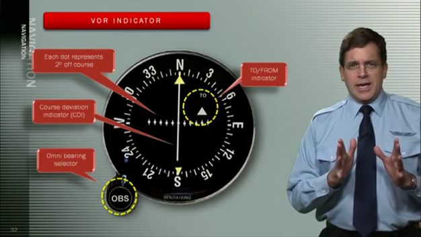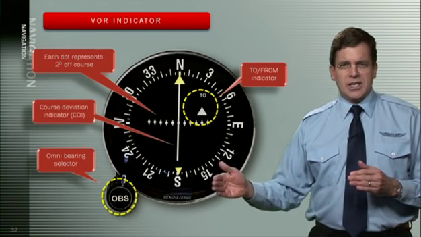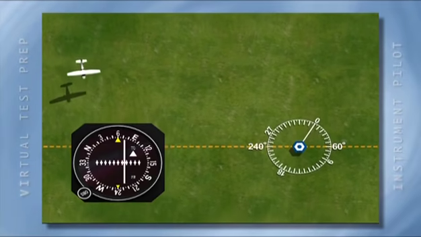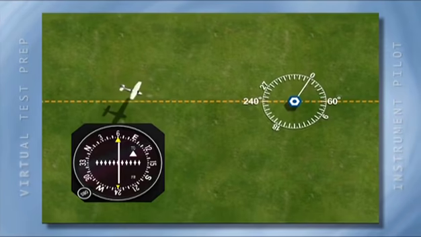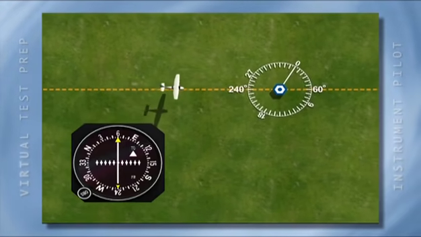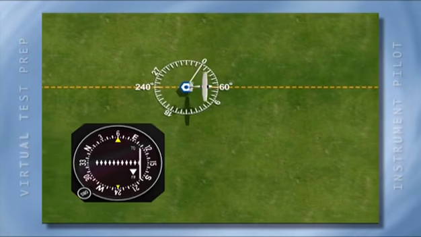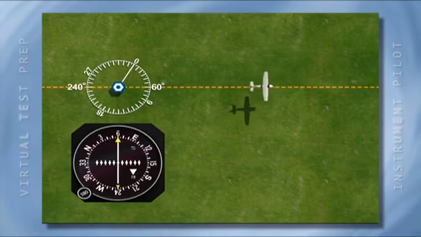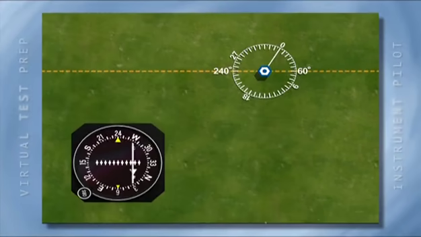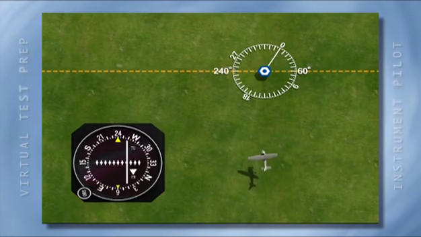The TO/FROM indicator helps you know which radial will guide the aircraft to the station or the radial that will guide the aircraft away from the station.